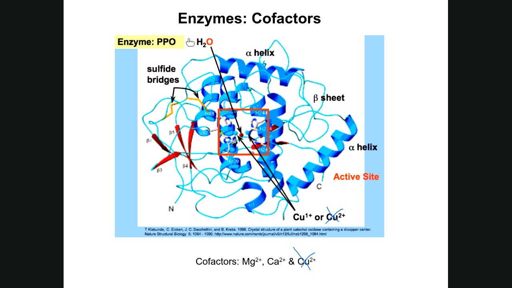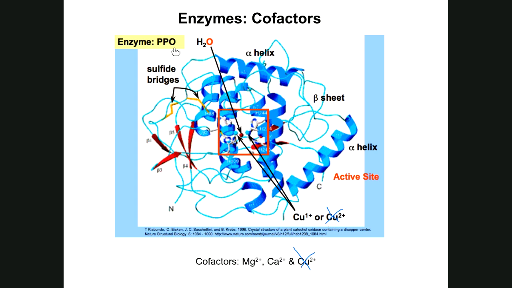PPO has everything else it needs, including temperature and pH. Everything else is ideal. But the PTU removes this cofactor, the copper ions. And what you would have seen in the tube is no color change. There would have been no brown color produced. That would have demonstrated how specifically the chelator PTU, by removing these copper ions, inhibited PPO enzyme activity.